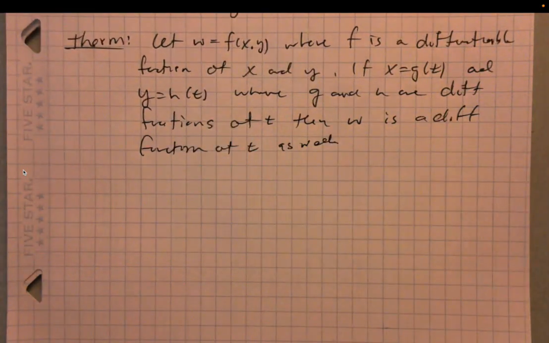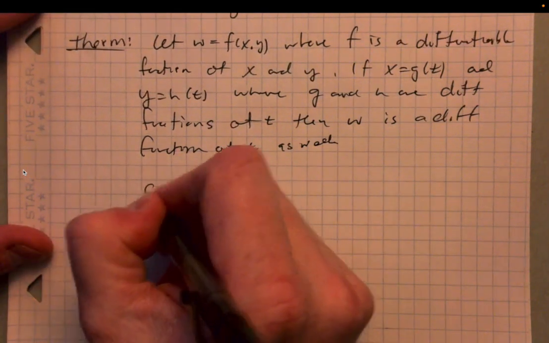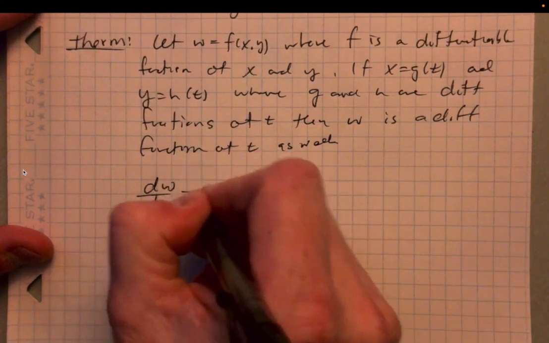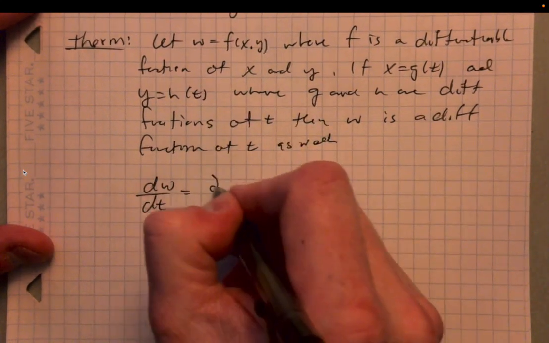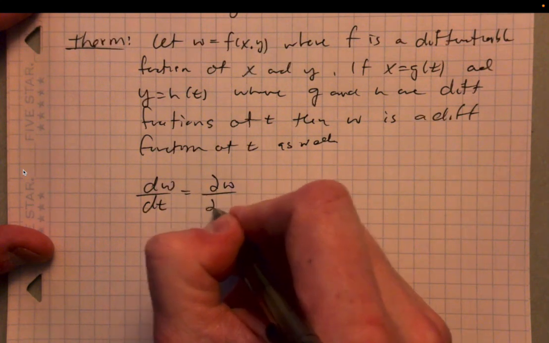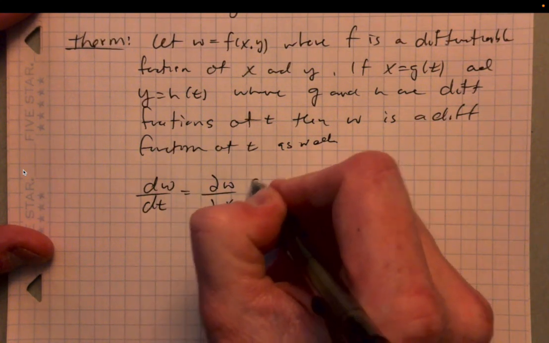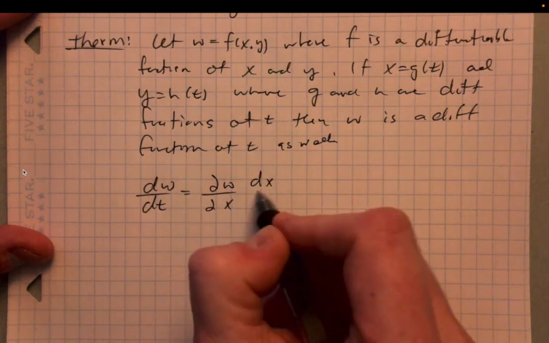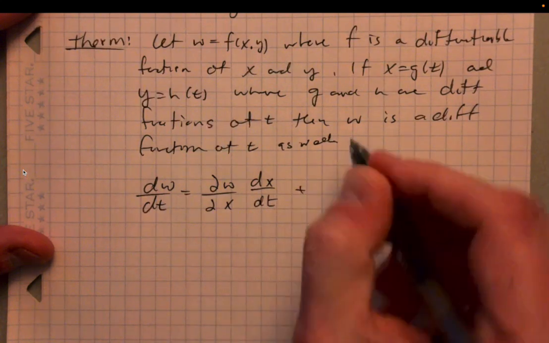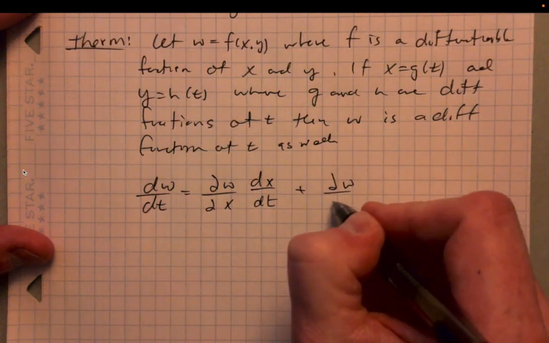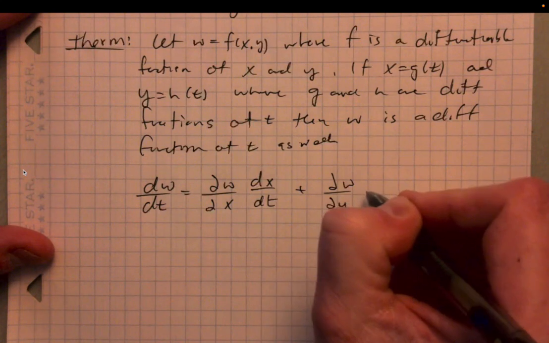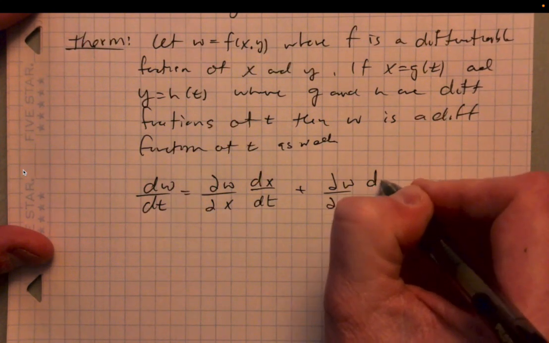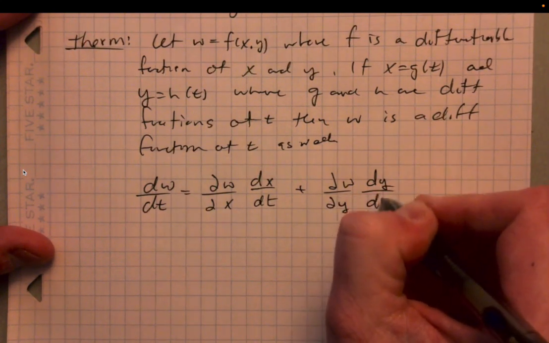Okay, and specifically, how would we identify that derivative? Here's what we would do. We would say dw/dt is equal to the partial of w with respect to x times the derivative of the function x with respect to t, plus the partial of w with respect to y times the derivative of the y function with respect to t.